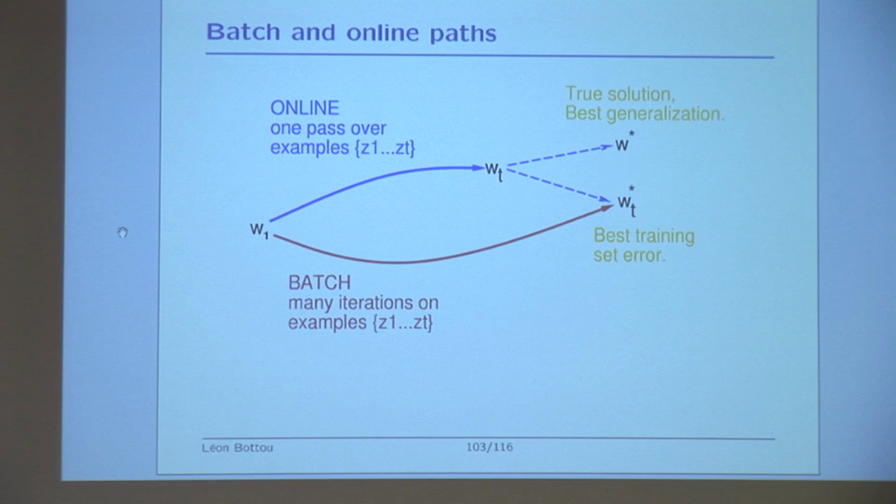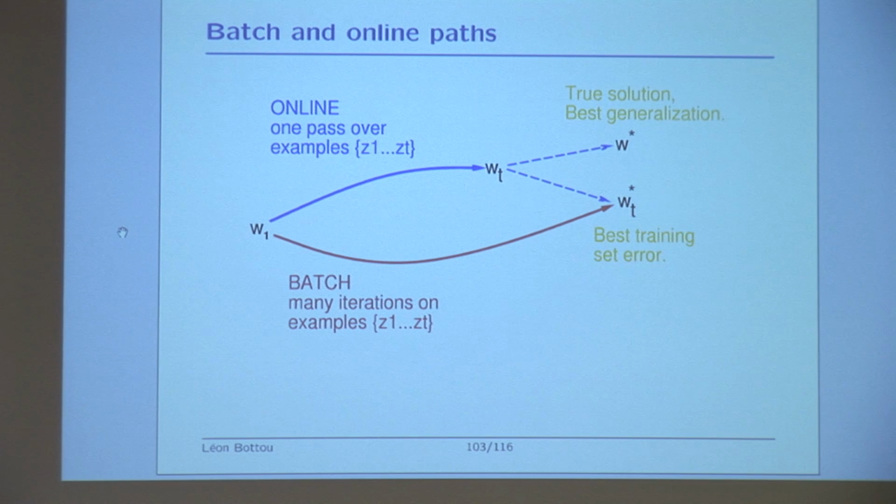Now, the thing I would like to have is the best generalization error that I call simply W star, the best one in the family. Now, if I continue my set of examples indefinitely and my algorithm is half good, meaning that the loss function is not crazy or anything, it's going to go there. When I speak about the convergence of stochastic gradient, I'm saying that if I'm drawing examples from a training set, I converge to the training optimum.